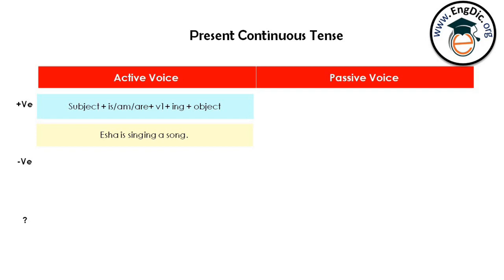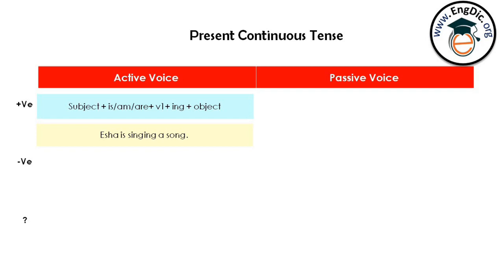In this sentence, we have put the subject Isha at the start, then the helping verb is, then the first form of verb sing plus ing, singing, and then the object a song.